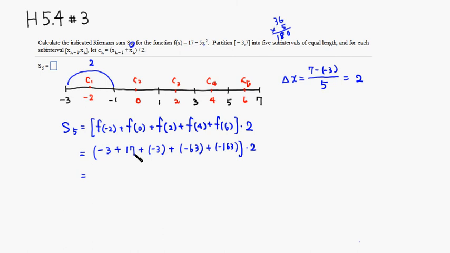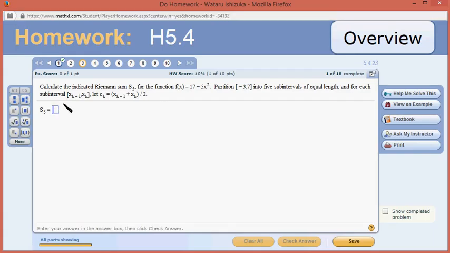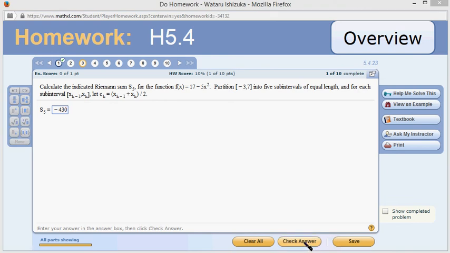Then let's see, 52 minus 163 would be... let's see, is that right? Then times 2. So this is going to be negative 430. So the answer is negative 430. Sorry, my computation is pretty slow.